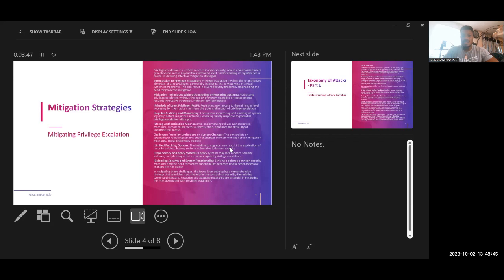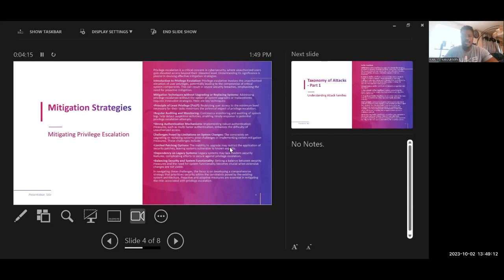Let us introduce ourselves to privilege escalation. Privilege escalation involves the unauthorized elevation of user privileges, potentially leading to the compromise of critical system components. This can result in severe cybersecurity breaches, emphasizing the need for proactive mitigations. That is what we refer to as privilege escalation.